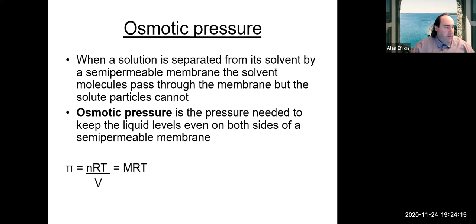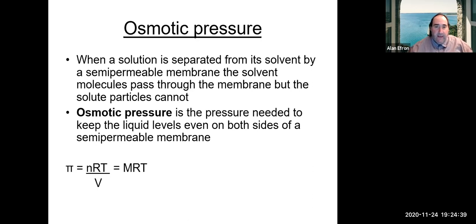Another property of solutions is referred to as osmotic pressure. Osmotic pressure arises when we have a solution that's separated from its solvent by a membrane, which stops the flow of solvent molecules from one side to the next.